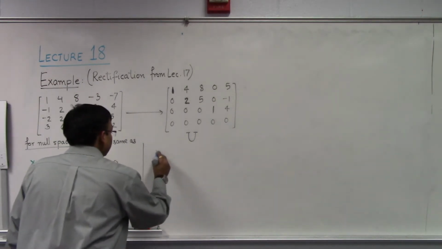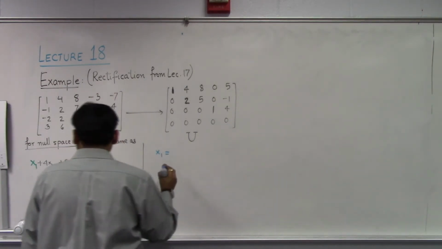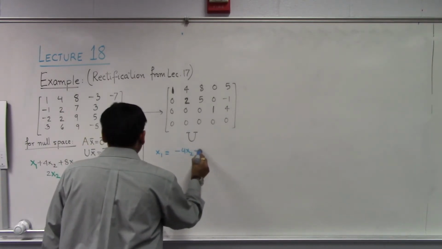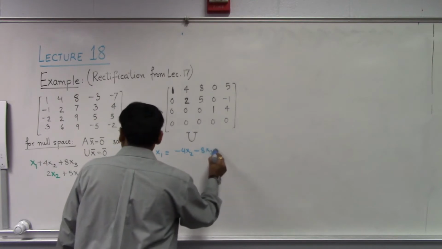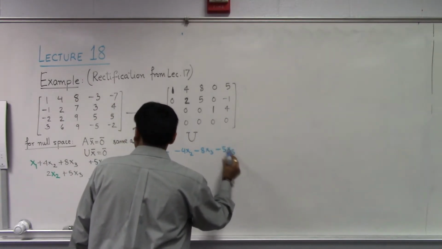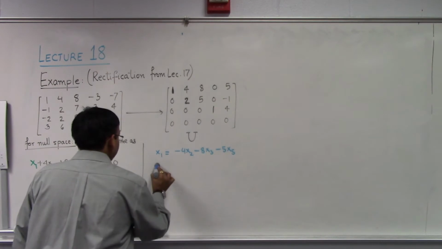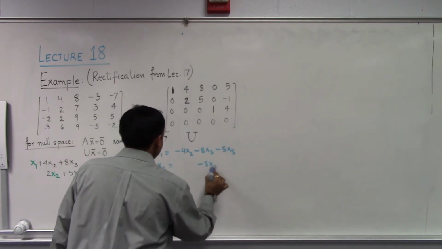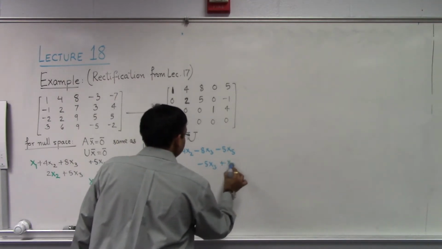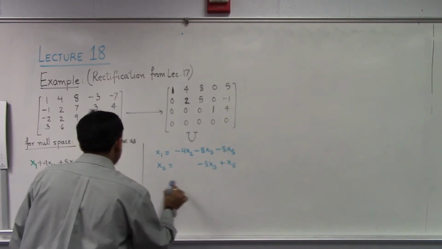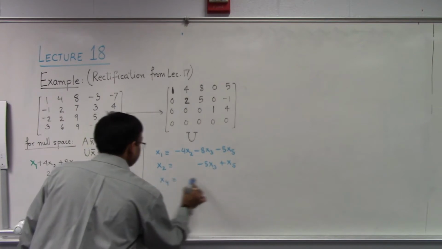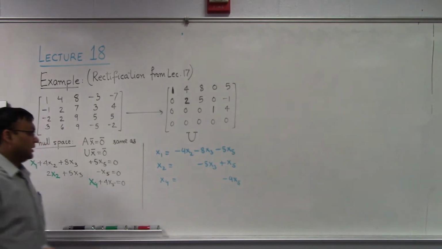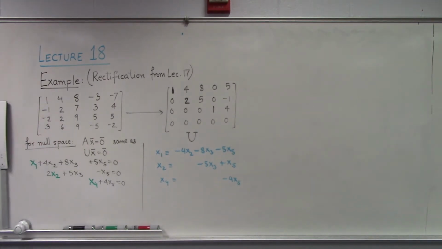So x1 can be written as minus 4x2 minus 8x3 minus 5x5. x2 can be written as minus 5x3 plus x5, and x4 can be written as minus 4x5. So remember, x1, x2, x4 have to be expressed in only x3 and x5.